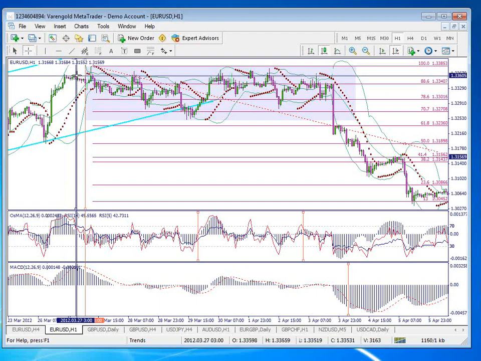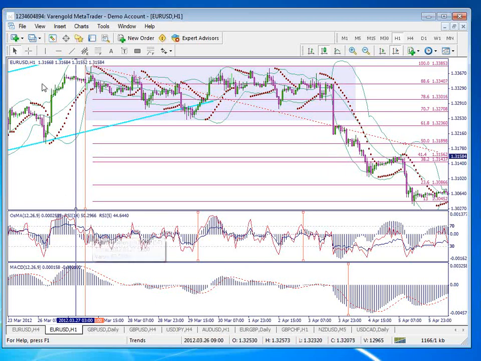So probably this first signal will not be a good one. This is why I advise you to look for signals after you have the signal on the bigger time frame. So the signals that are coming after the signal that we have on the 4-hour chart will be better signals.